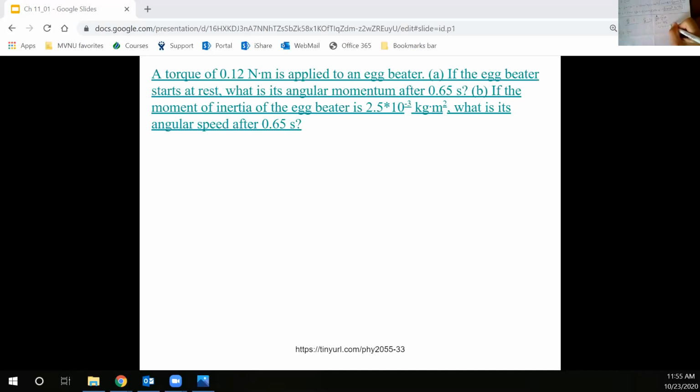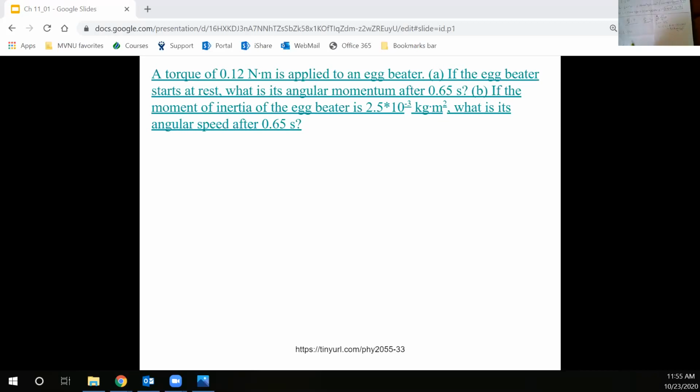Tau is given as 0.12, t is given as 0.65 seconds. So then it would be 0.078 newton meters times seconds. You will figure out that this is equivalent to kilogram meter squared over second. Either way works.